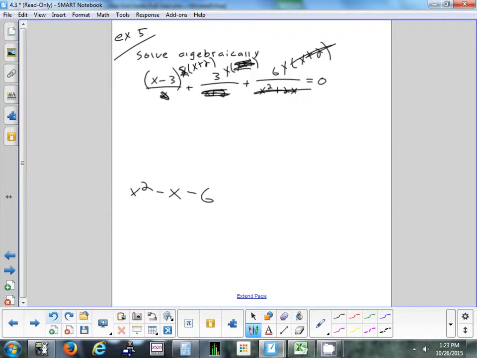Plus, distribute the plus and the 3 to the x, so plus 3x plus 6x. Combine our like terms. Okay, I get 9x, take away x, which is 8x minus 6 equals 0.